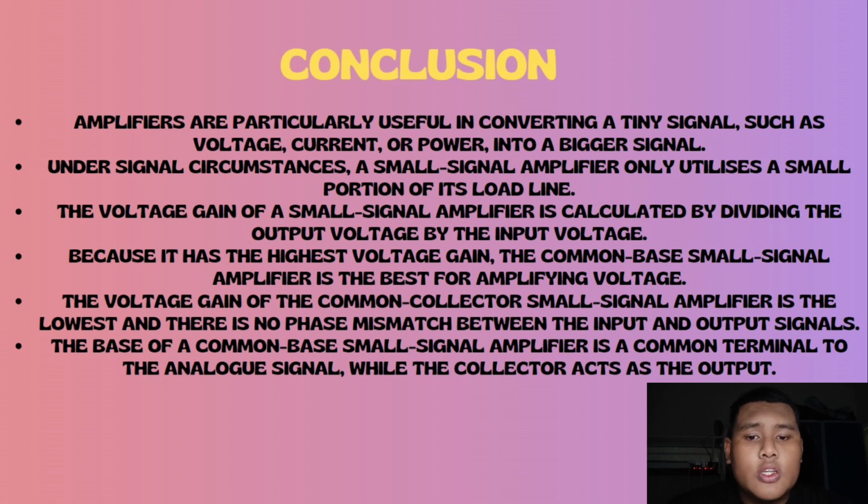It is because it has the highest voltage gain. The common base small signal amplifier is the best for amplifying voltage. Fourth, the voltage gain of the common collector small signal amplifier is the lowest, and there is no phase mismatch between the input and output signals.